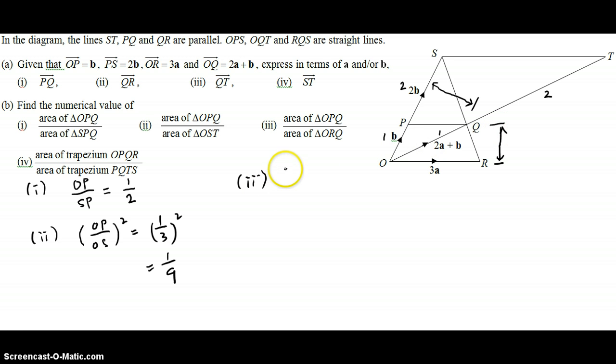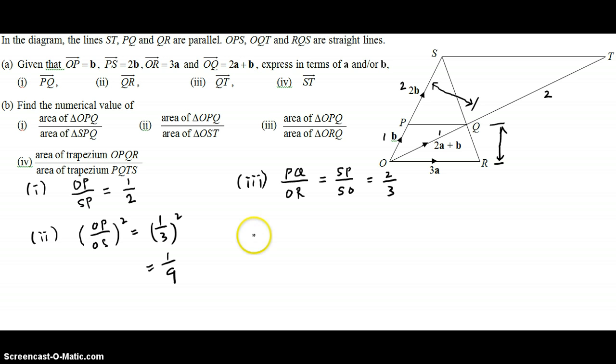So in this case, you compare the base PQ to OR. Okay, so you notice from here that SPQ and SOR are actually two similar triangles. So in that case, OQ over OR is the same as SP over SO, which equals 2 over 3.